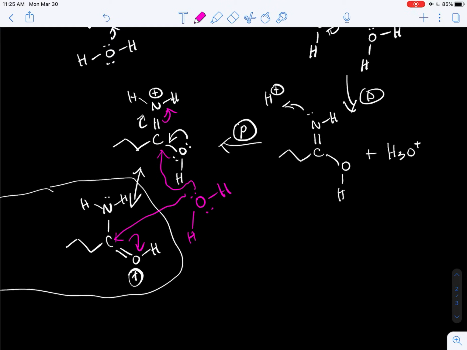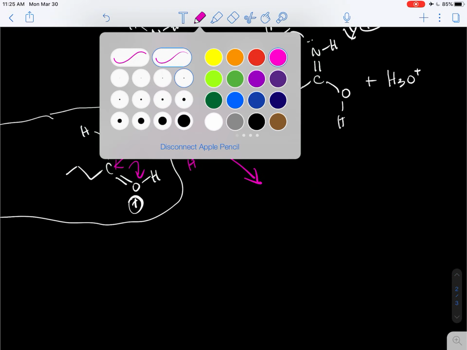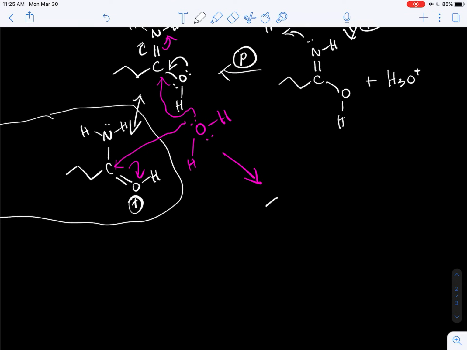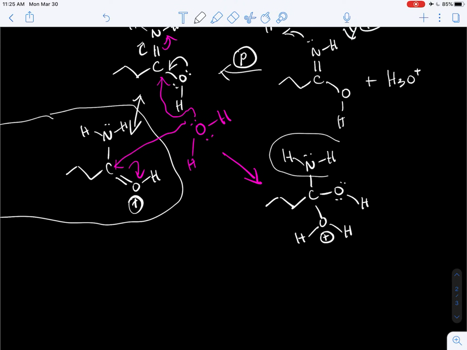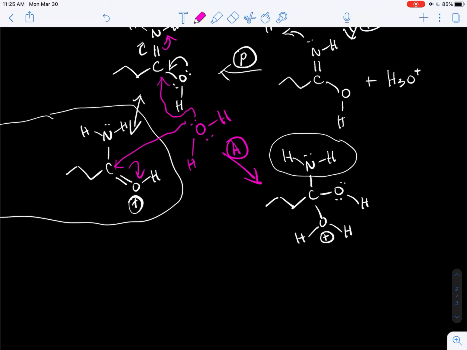Either way, you're going to get this molecule here. And remember again, we want to kick that guy off. So that step right there is the attack step.